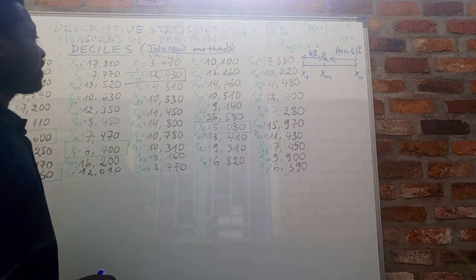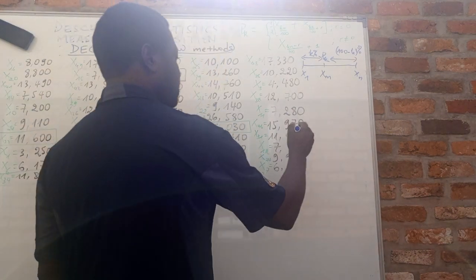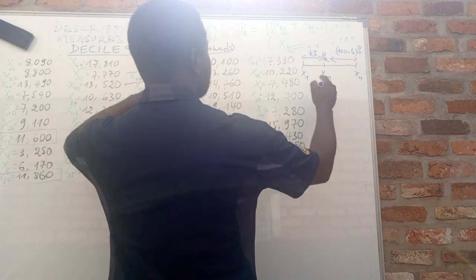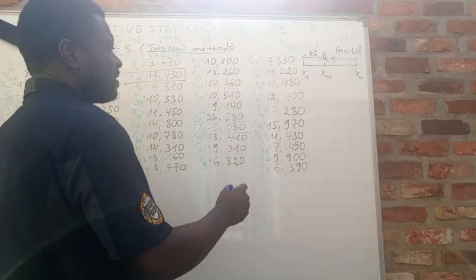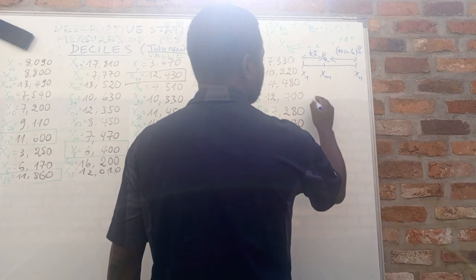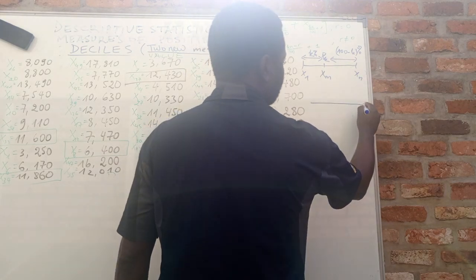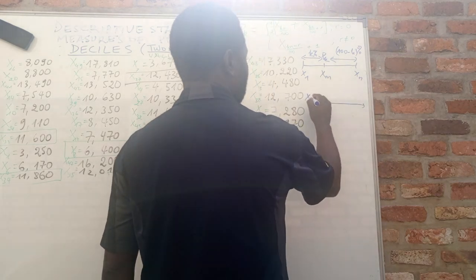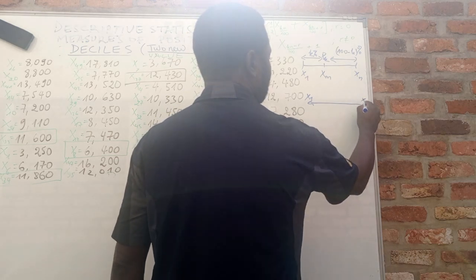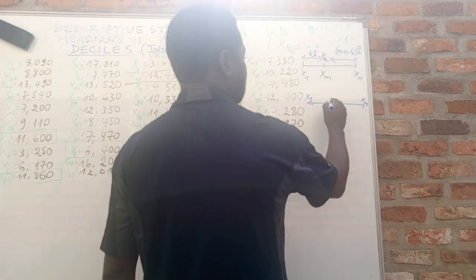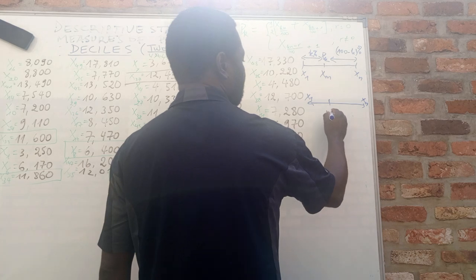Now today we are going to talk about special percentiles, which are deciles. Take x1 until xn, and then some value xm.